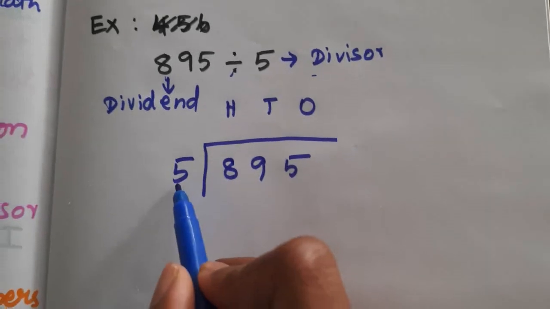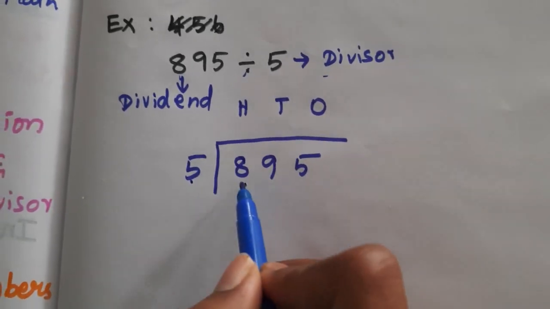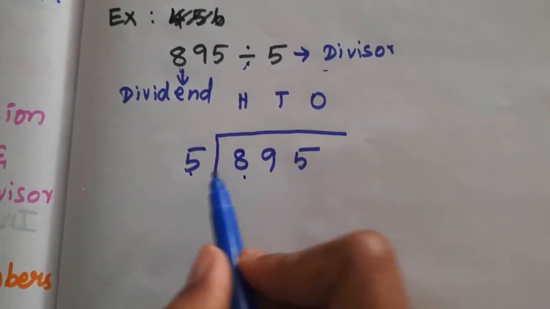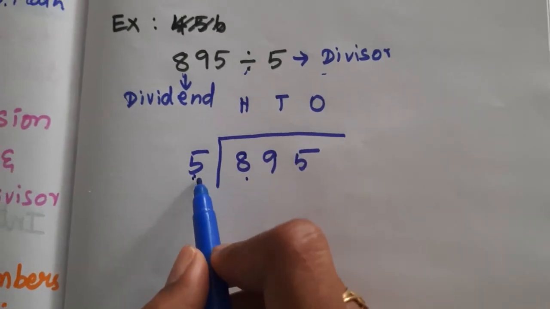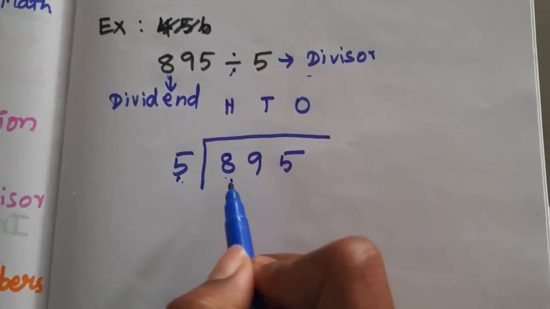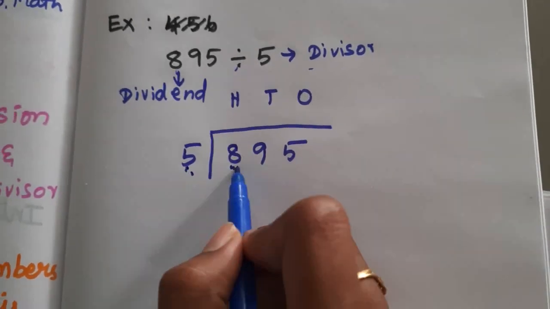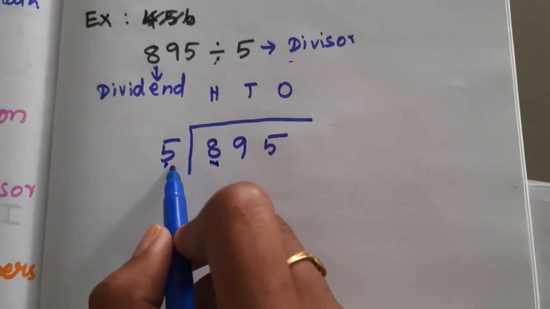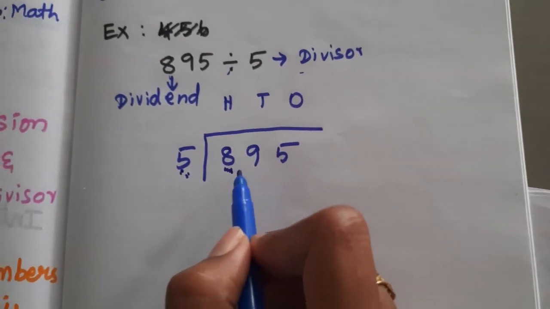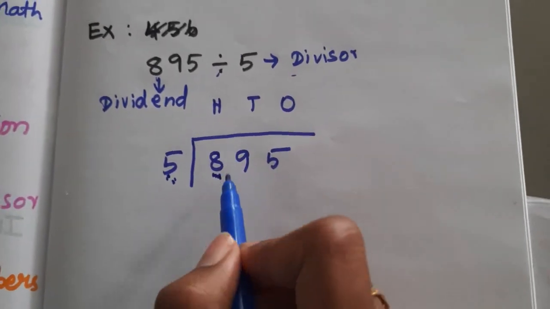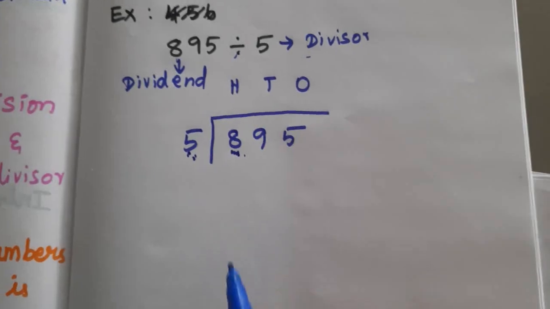So see here, 5 and 8. First you take 1 digit, because the divisor is a 1 digit number. Compare the dividend and the divisor: which is greater? Obviously it's the dividend, so then you move to the next step.